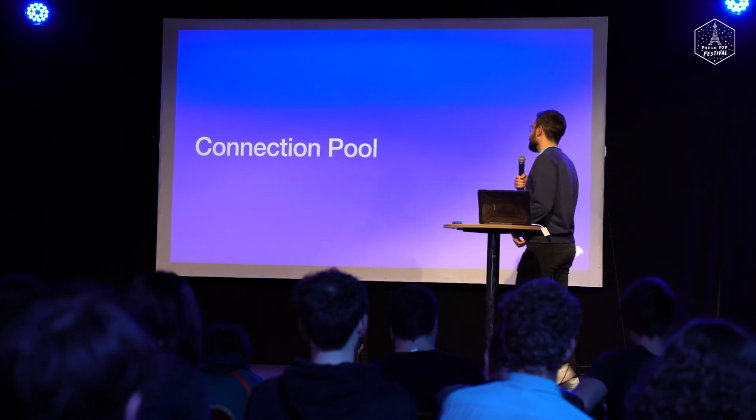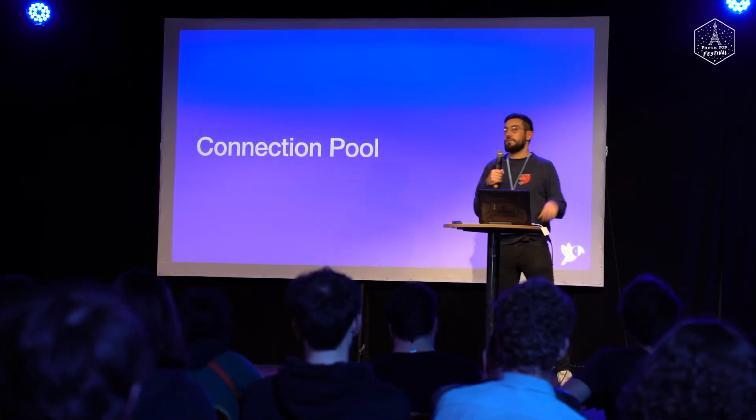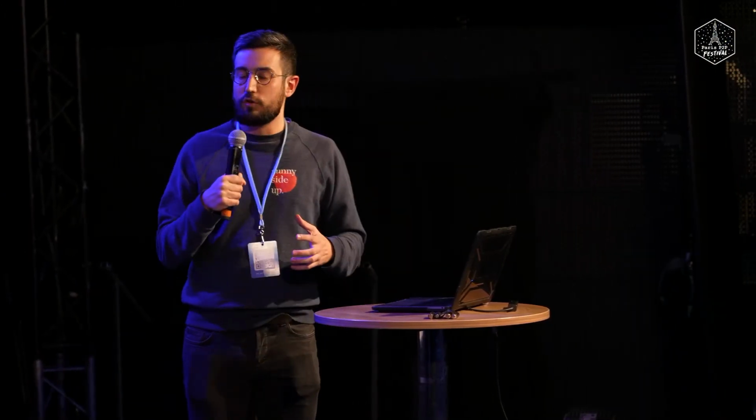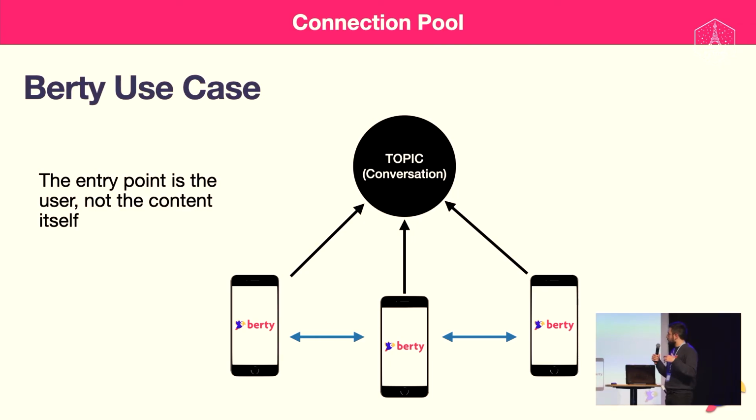Connection pool. The next issue, like I said earlier, is that it's really hard to have a lot of peers, or too many peers, on mobile. So we need to be very cautious about this and limit the number of peers. For Bertie's use case, the entry point of the user is not the content itself, it's really to find peers.